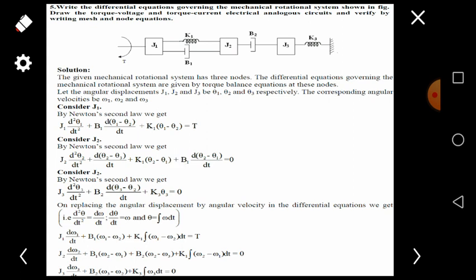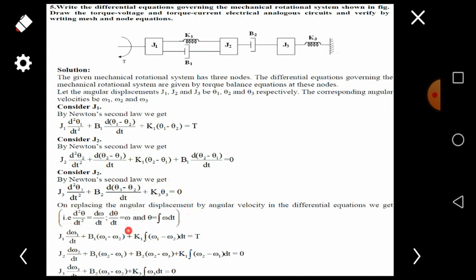On replacing the angular displacement by the angular velocity in the differential equation, we get d square theta divided by dt square as d omega divided by dt, and d theta divided by dt equals omega, and theta is equal to the integral of omega dt.